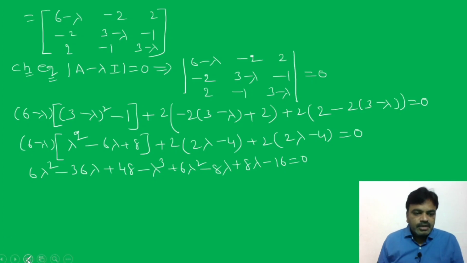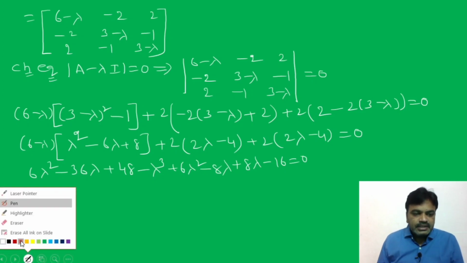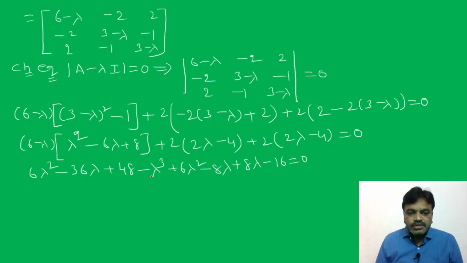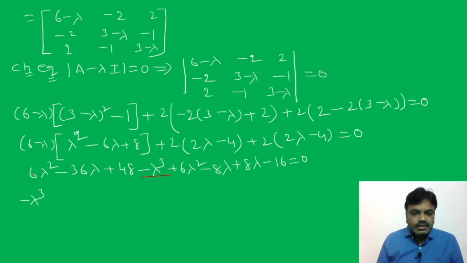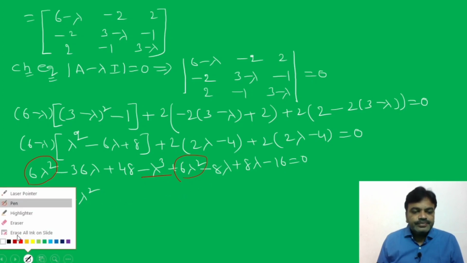Now you write the degrees in descending order. So here we get minus lambda cube, and then lambda square, friends. Here we get 6 lambda square plus 6 lambda square, we get plus 12 lambda square. And then lambda.